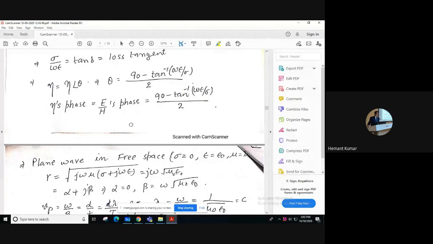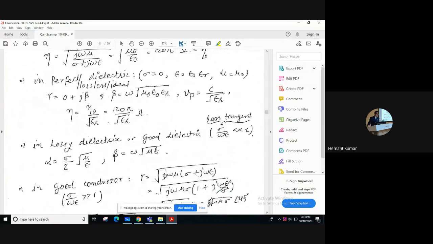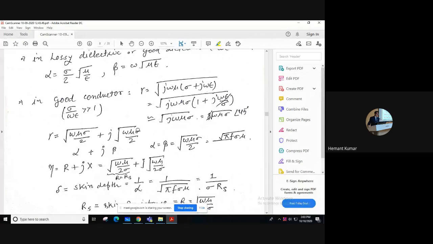So this is all about the EM wave. Now let me discuss one thing first: EM wave propagation in a good conductor. This is very important. You will definitely see a question on this.